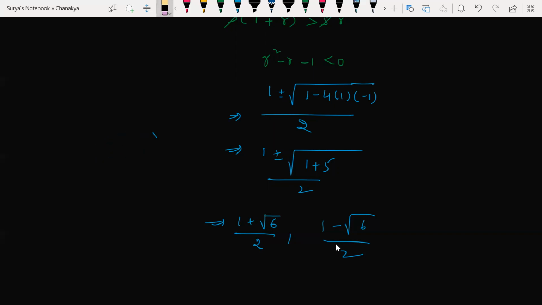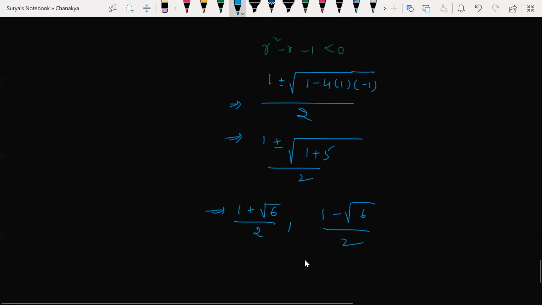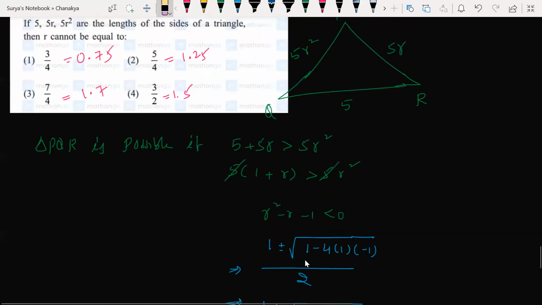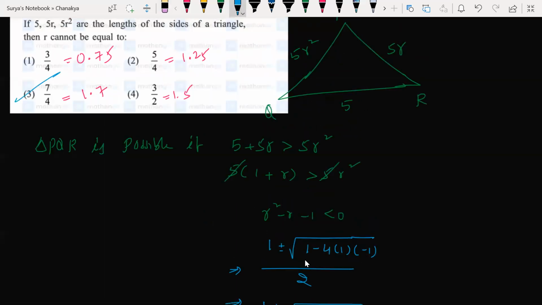Now tell me, boys and girls, here quite simple. If we simplify this, what will I get? 1 point something. 100%, even if you simplify this, 7.4 is the answer. Check and see. 7.4 would be the answer.